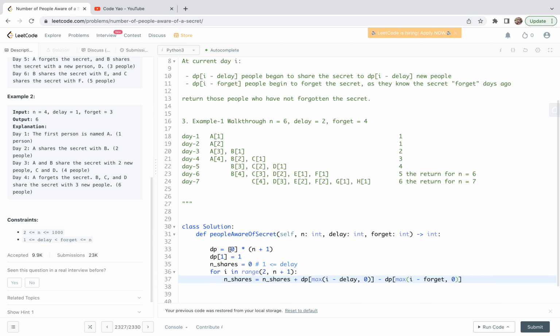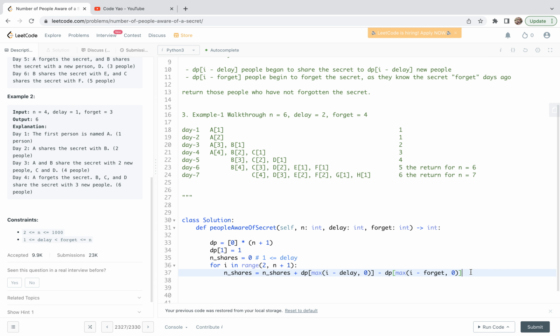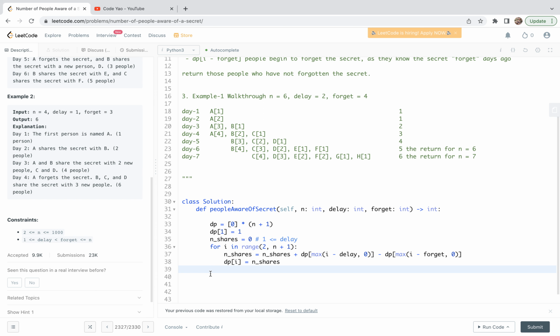So we're going to use the maximum of i minus forget and 0, taking advantage of the initialization in dp, that is dp0 equals 0. With that said, once we update the variable n shares, we're going to set dp i equals this new state of shares, the number of people who can share the secret.